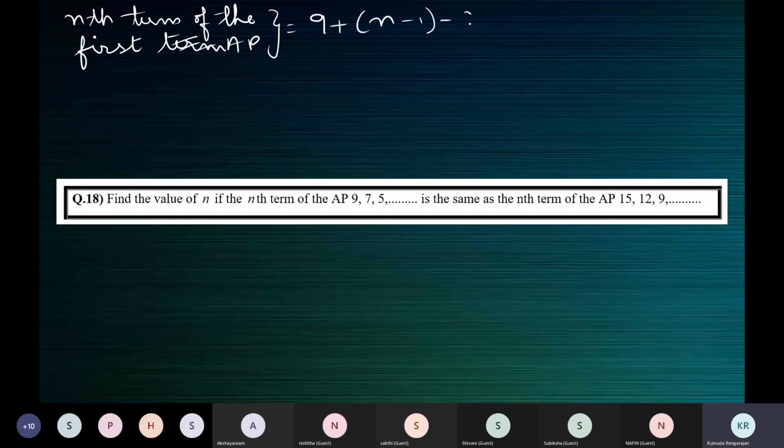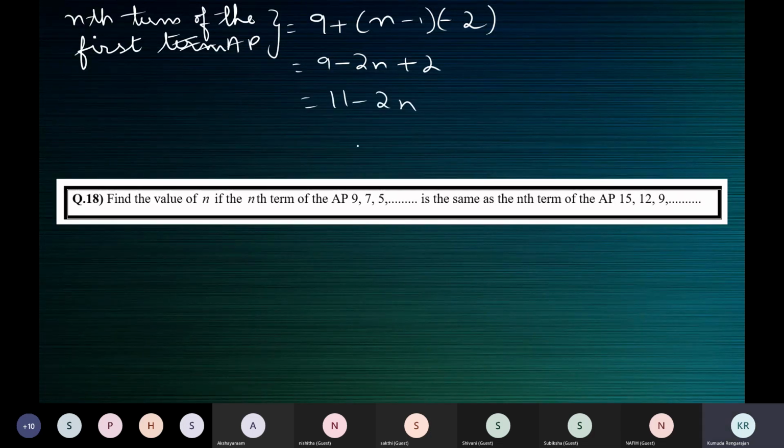Minus 2. So it's into minus 2. So 9 minus 2n plus 2, because minus 2 into minus 1 is plus 2. So 11 minus 2n. This expression represents the nth term of the first AP.